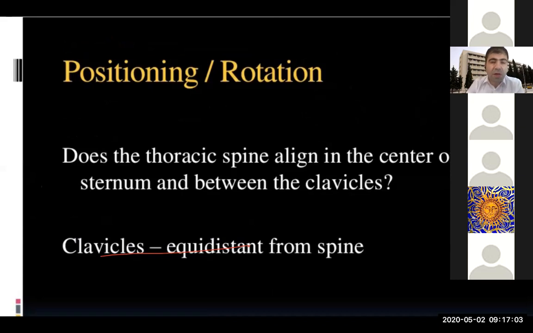And positioning and rotation is important. Sorry, Doctor. Doctor, can you open the chat if anyone has questions to ask? If anybody has a question, you can interrupt with your mic. You can unmute yourself, so it will be much easier, because I have to go to the chat on another screen.